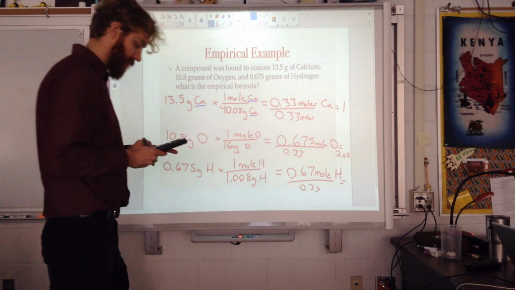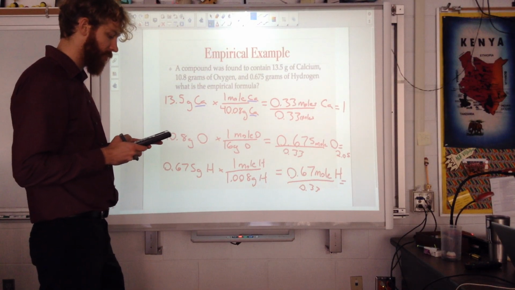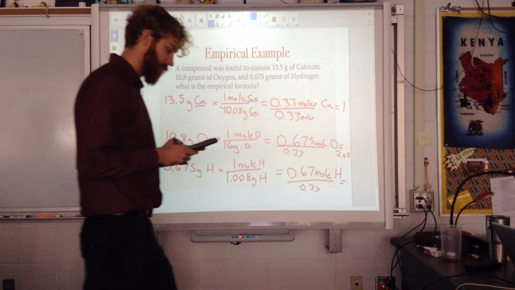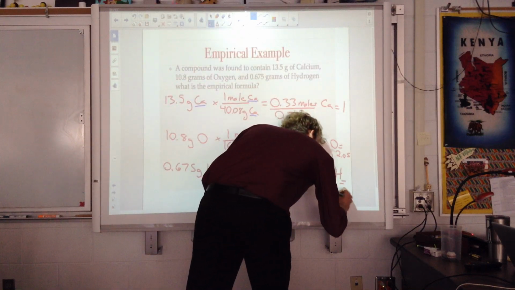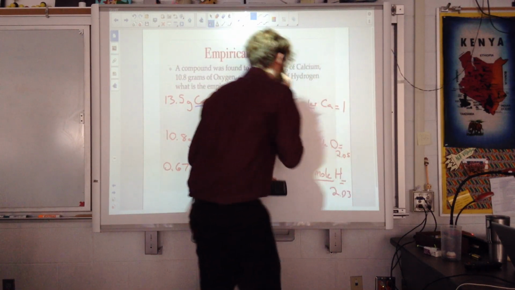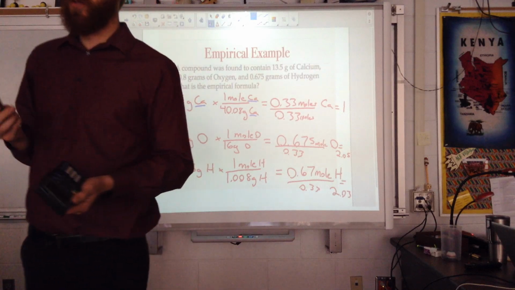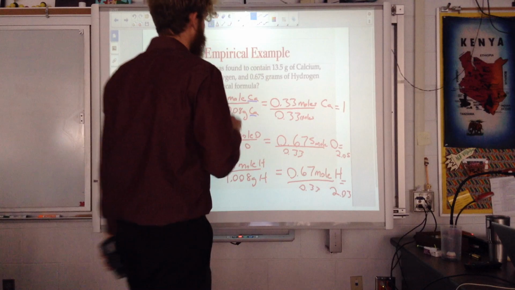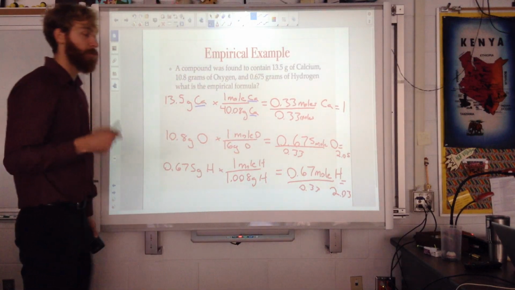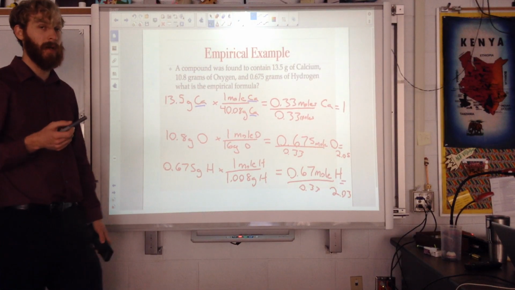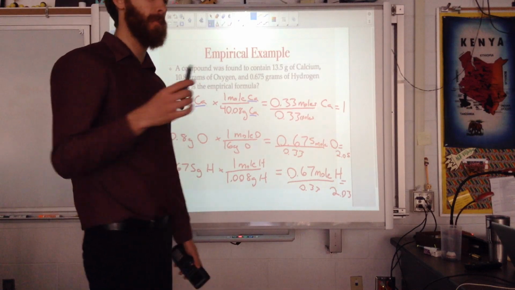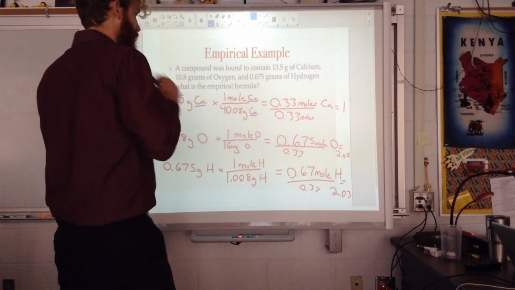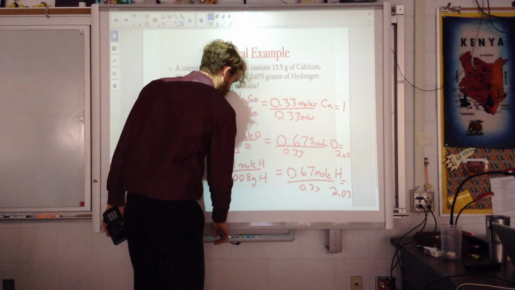And 0.67 divided by 0.33 is 2.03. Now, these are close enough to being whole that we can round fairly easily. You'll want to start multiplying by a number when you get around 0.25. That's about the time you want to do that.